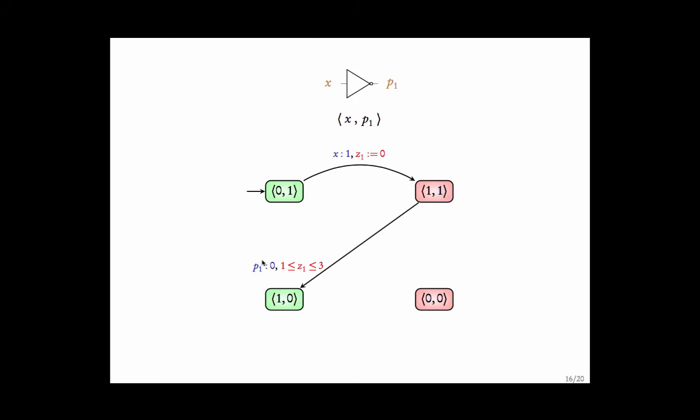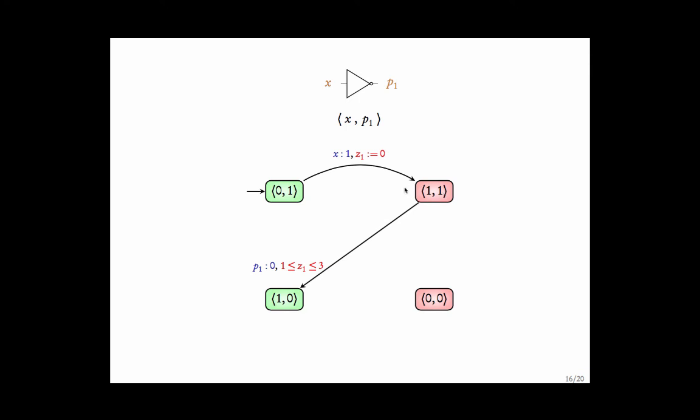So this is the signal. You can look at it as an alphabet, as a letter actually. Just for clarity, I have written it as X:1, but you can think of it as the name of an action like approach, enter, exit, and so on. So when X became 1, the value of Z1 was set to 0, and P1 can become 0 only when Z1 is bigger than or equal to 1 and it has to be less than or equal to 3.